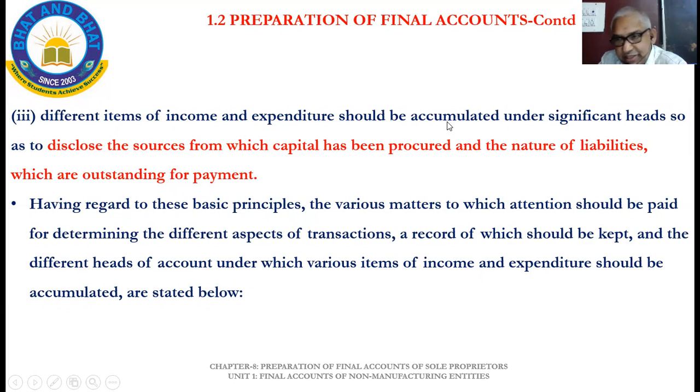That is capitalizing the expenditure. Advertisement is a revenue expenditure, but we capitalize it because its benefits will be spread over the next years.